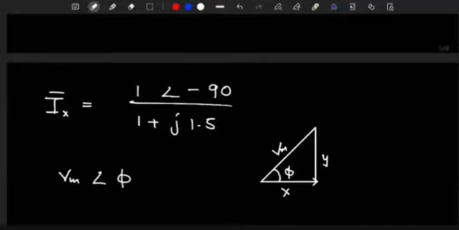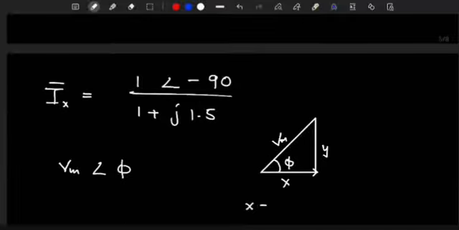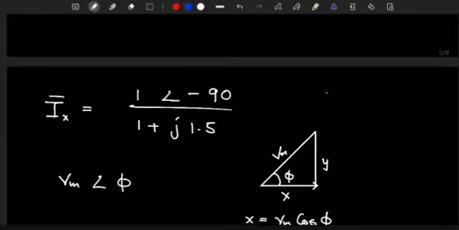So to get x, all you need is V max cos the phase angle. To get y, all you need is V max sine the phase angle. In our current case, the real part will be 1 cos minus 90, which is 0.